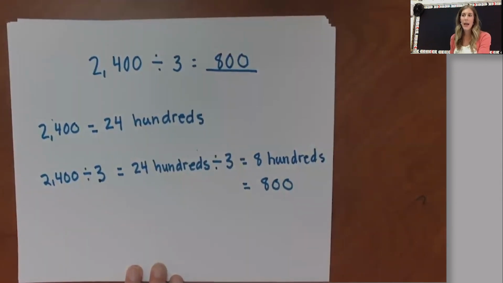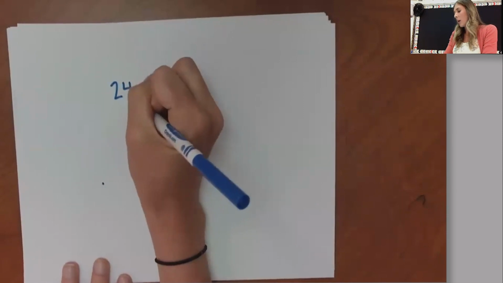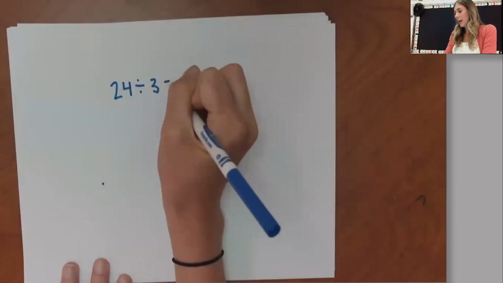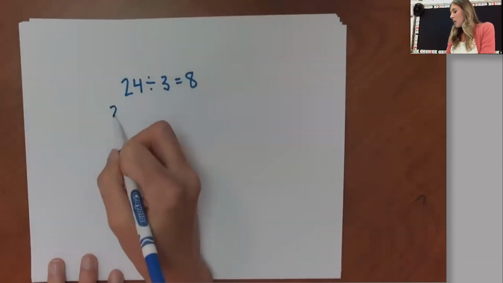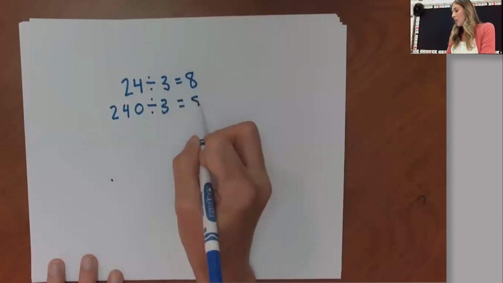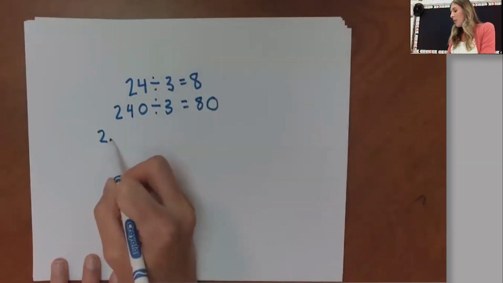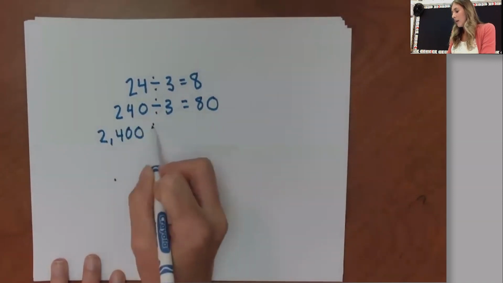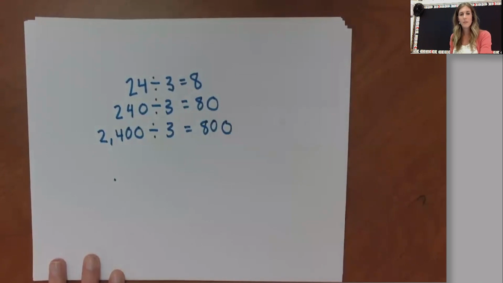Let's look back at the 3 division problems that we solved so far today. We started with 24 divided by 3 equals 8. Then we solved 240 divided by 3 equals 80. And lastly, we solved 2,400 divided by 3 equals 800.